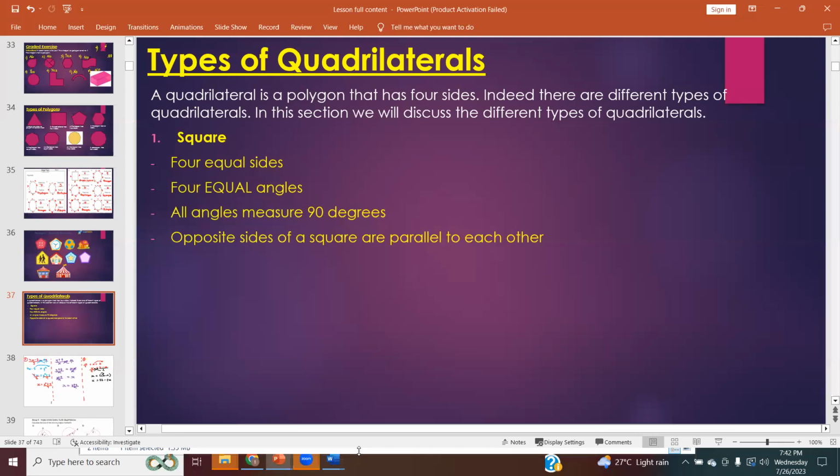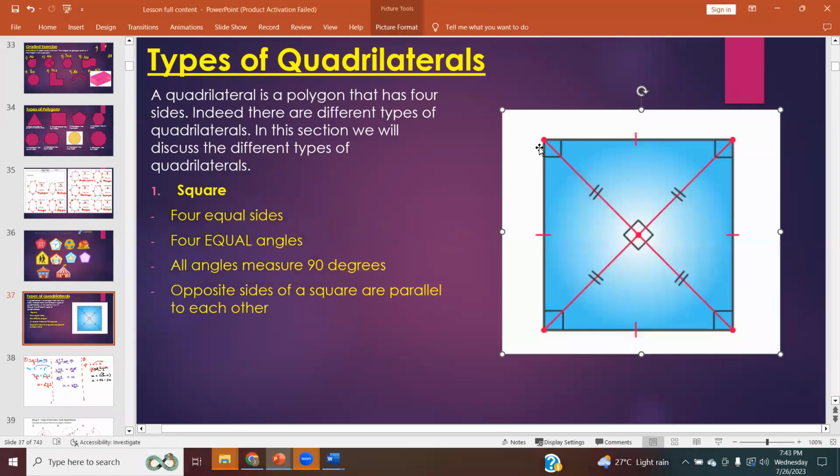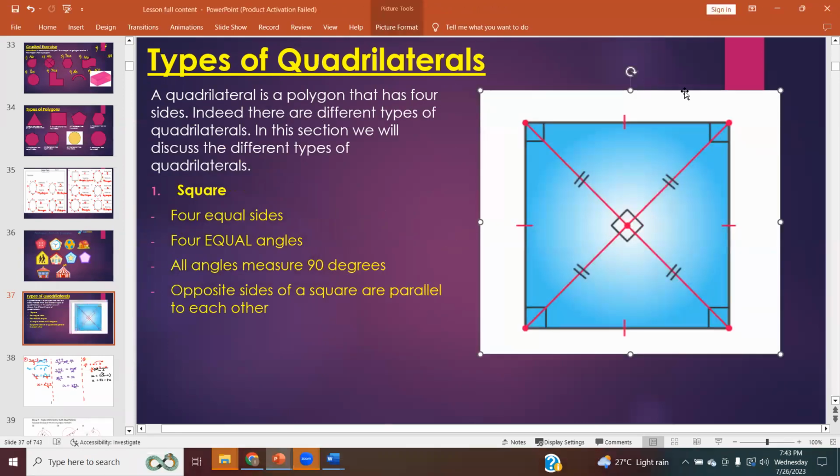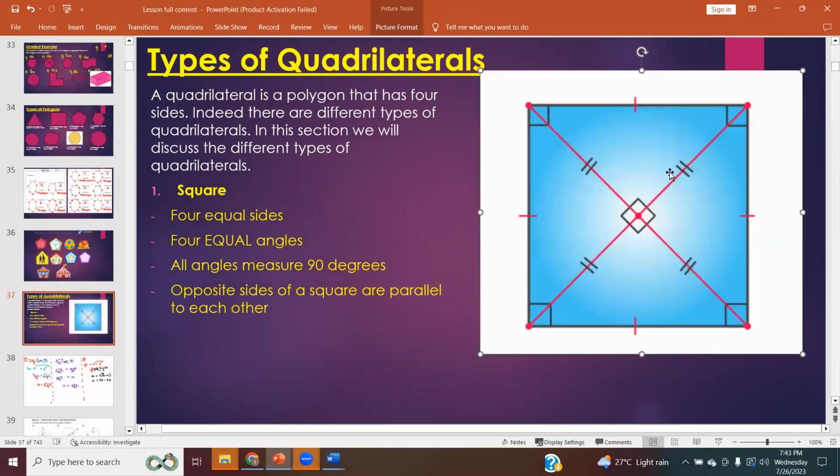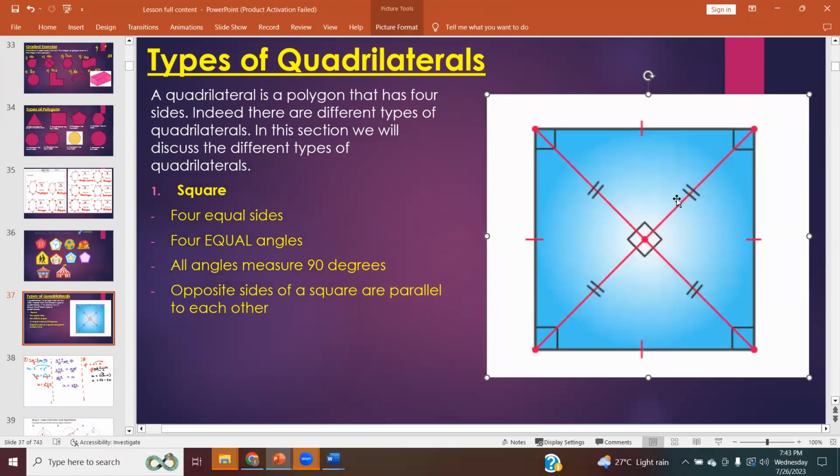So this is the square. Let me show you it. So this is very important. I want to take my time and explain what's happening here because there's a lot of things happening. They don't have exactly what I want.